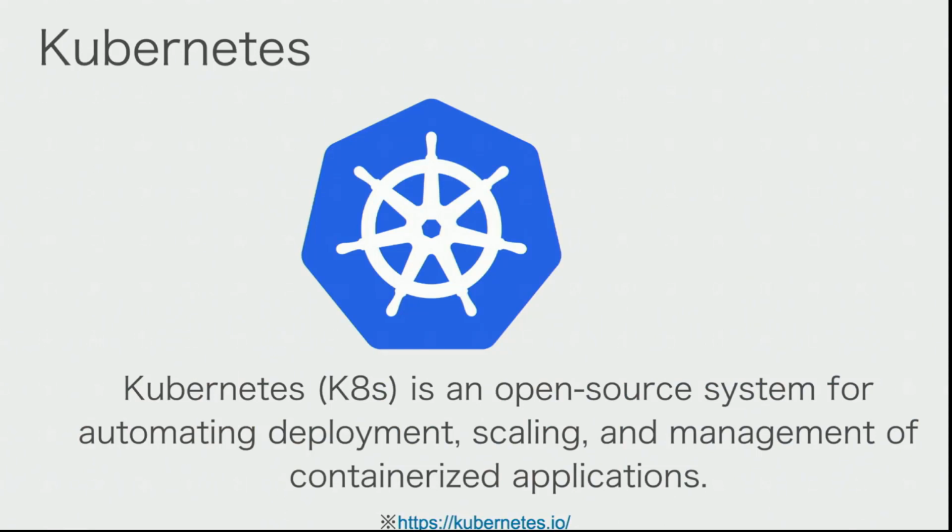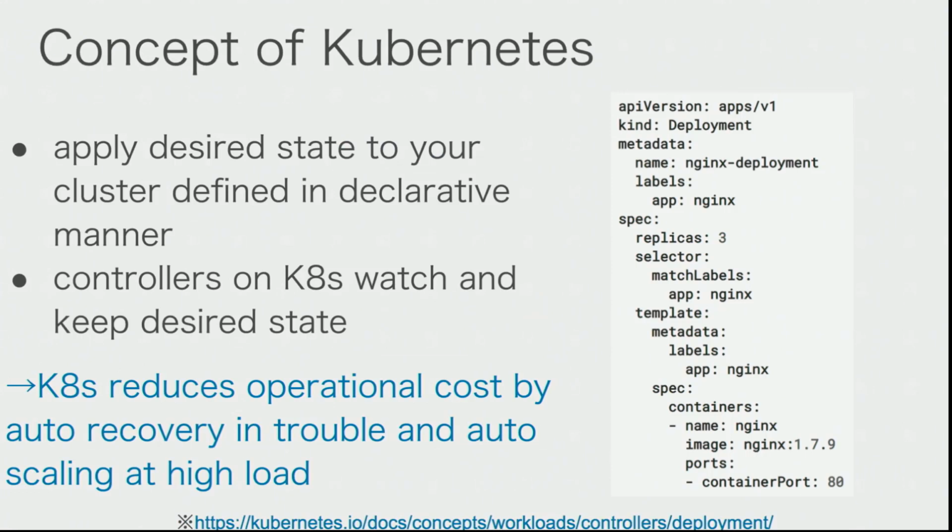This is Kubernetes. Kubernetes is an open source system for automating deployment, scaling, and management of containerized applications. This is the concept of Kubernetes. You have to apply a desired state to your cluster, defined in a declarative manner, and controllers of Kubernetes watch and keep the desired state.